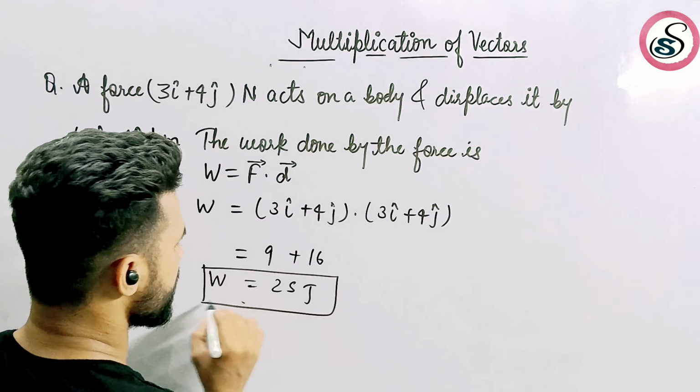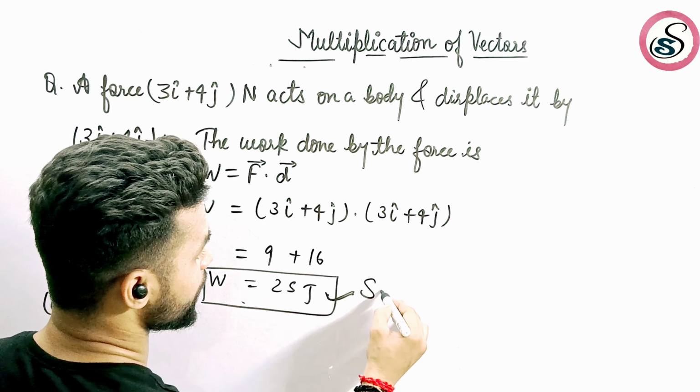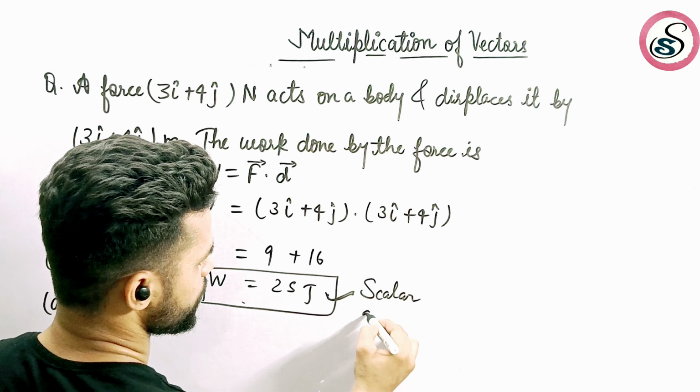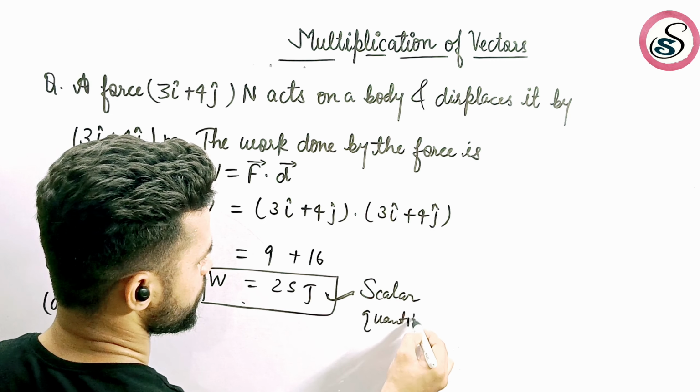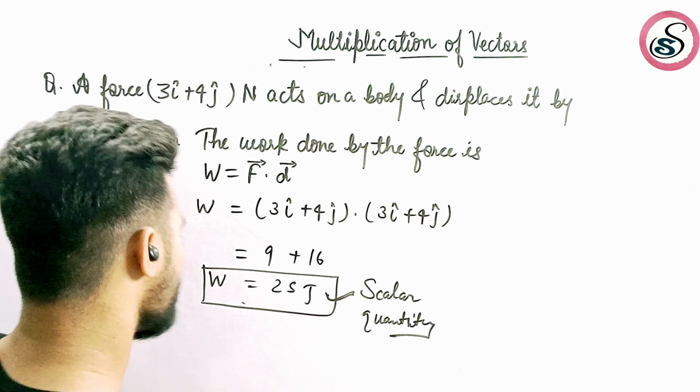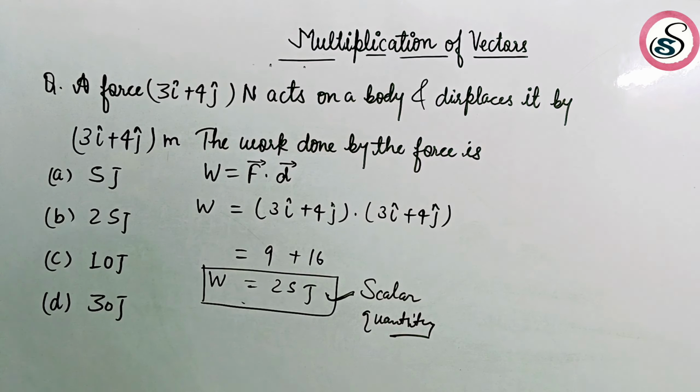And as we know, this quantity is a scalar quantity. So the answer is 25 joule, means option B is the correct answer.